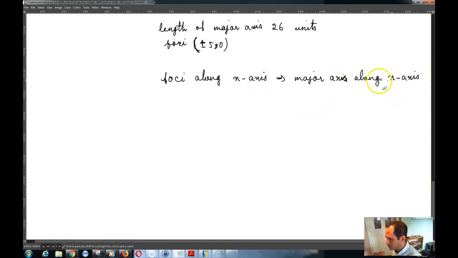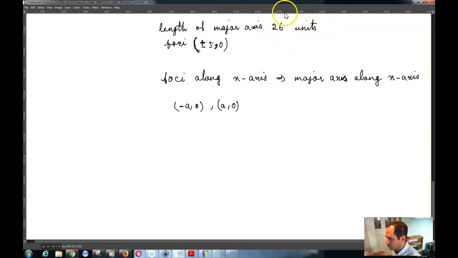And what that means is that if your major axis is along the x-axis, the endpoints of the major axis are negative a comma 0 and a comma 0. And of course the length of the major axis is 26 units.